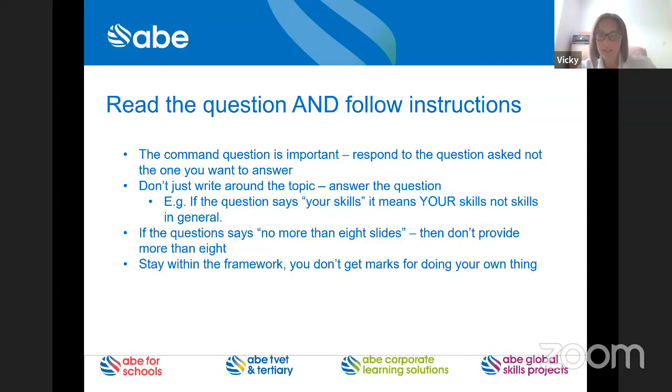Some things do require slides to be added with them, or project plans. And so just make sure you read the instructions. If it says 8 slides, don't deliver 12 or 14 or 5, deliver no more than 8 slides. Okay, and just stay within the framework, because you don't get marked for things that you're not asked for.